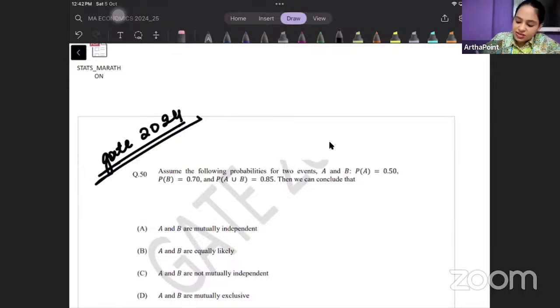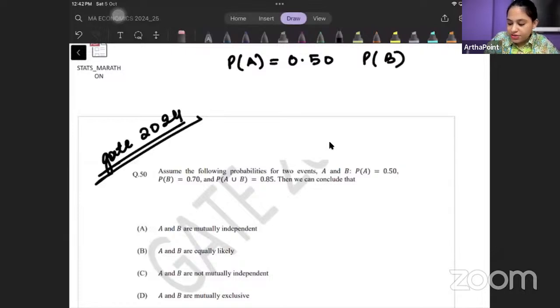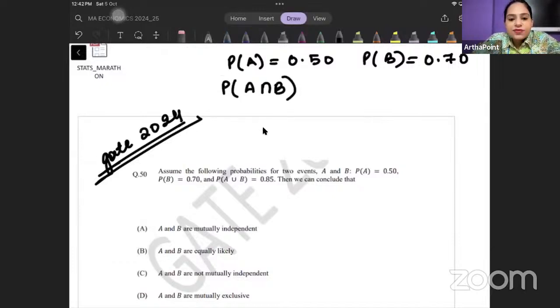So in this case, we are given that probability of A is 0.50 and probability of B is 0.70. Can any one of you tell me what you are getting as probability A intersection B? Absolutely.